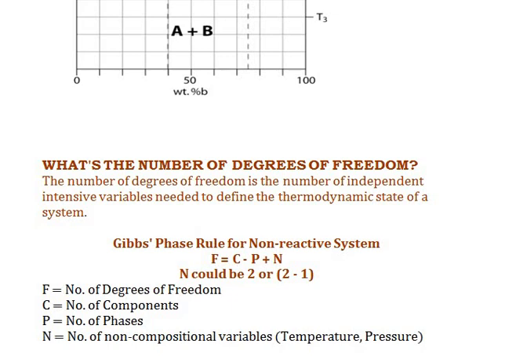Then N is the number of non-compositional variables that are already defined. The reason why N could be 2 in some cases and 1 in others is that in some cases you have both temperature and pressure, and in other cases you have only one: either temperature or pressure.